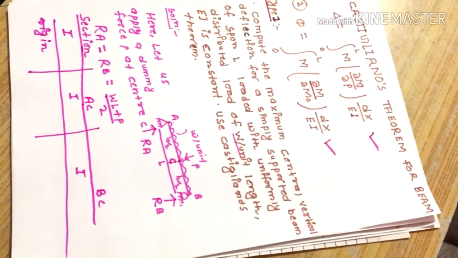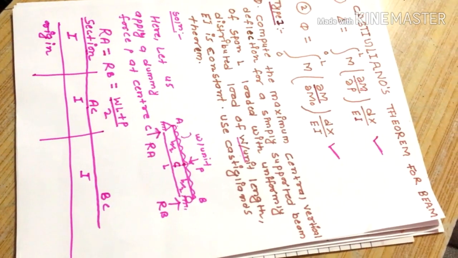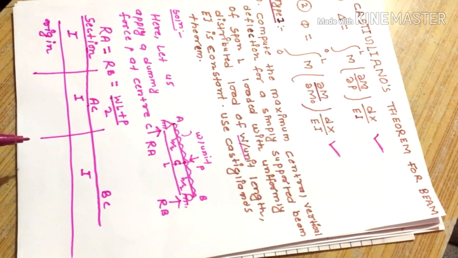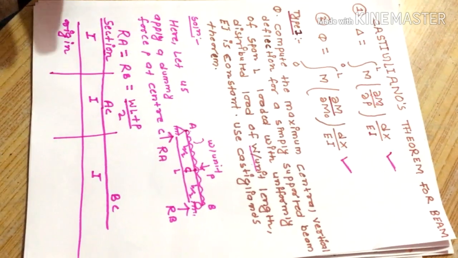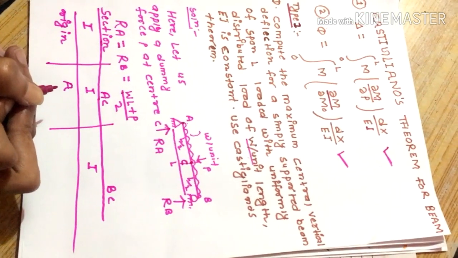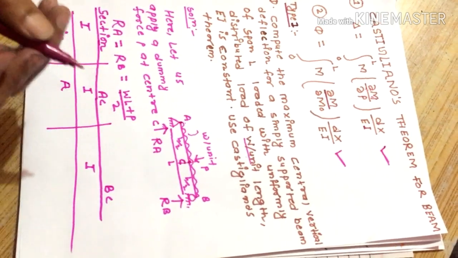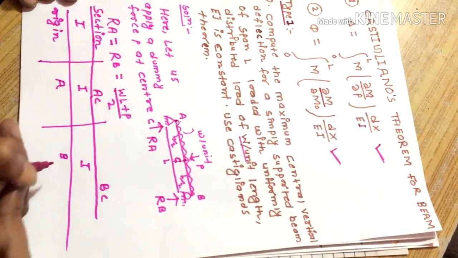In portion AC, let us assume A as origin. Next, in portion BC, let us assume B as origin.